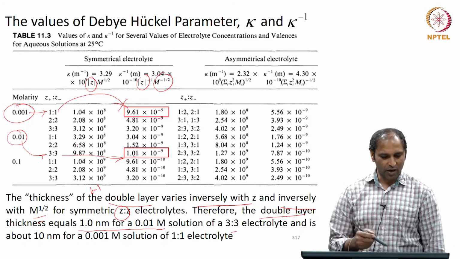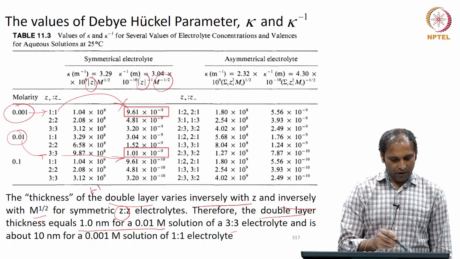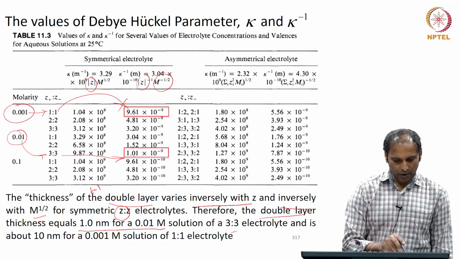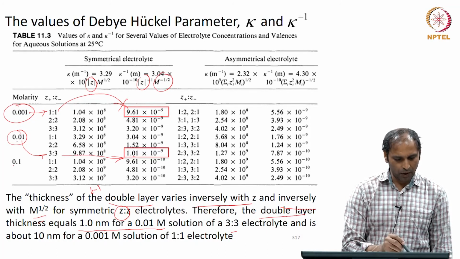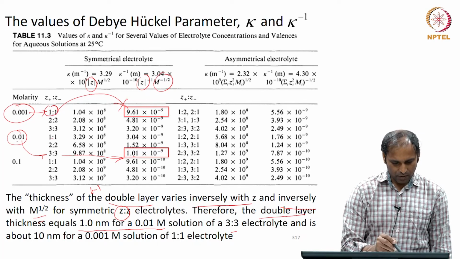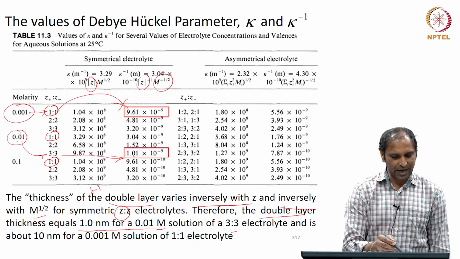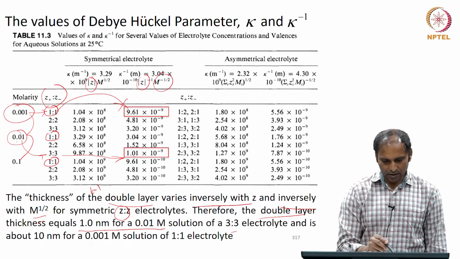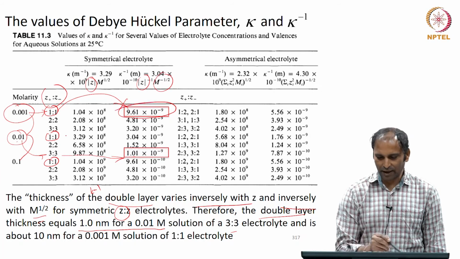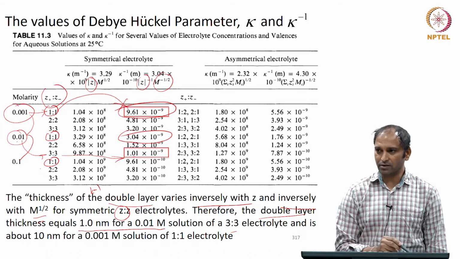So essentially, let us think about 3 cases: 0.001, 0.01 and 0.1. Let us stick to 1:1 electrolyte. I am keeping the same type of electrolyte, but we are changing the concentration. In one case the double layer thickness is about 10 nanometer, and when I increase the salt concentration, the double layer thickness becomes 3 nanometer.